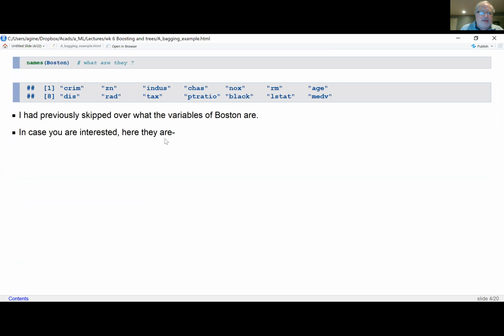The Boston data set is information about various zones in Boston. The variable you want to predict is median value, the median value of a house in the zone. And you have all these different factors.